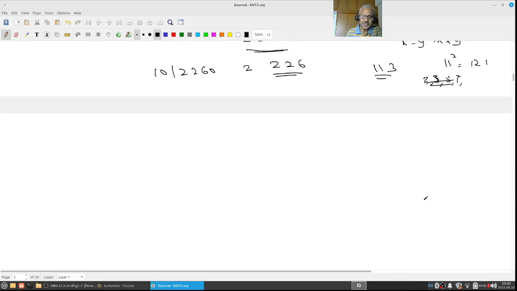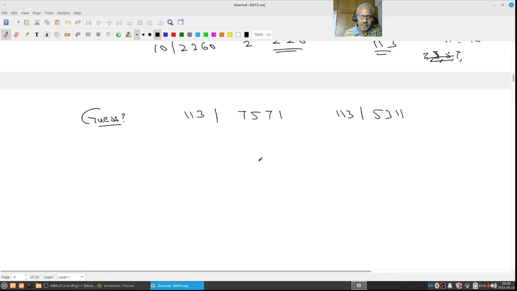Anyway, 113. So my guess is, does 113 divide 7571, and does 113 divide 5311? This is just for illustrative purpose, so it's a hit or miss. Okay, right. So let us see 7571 by 113.